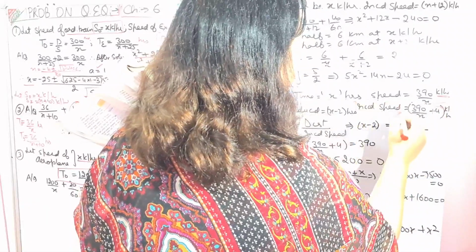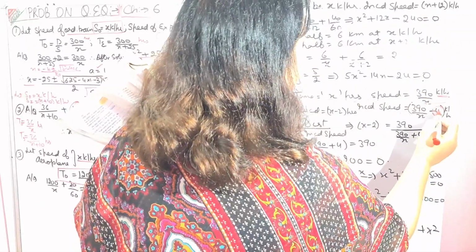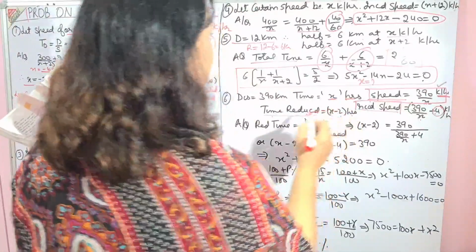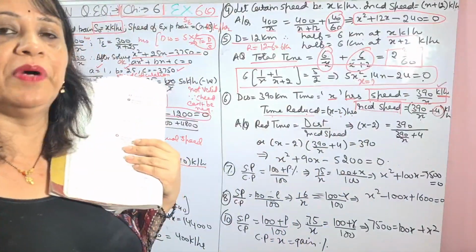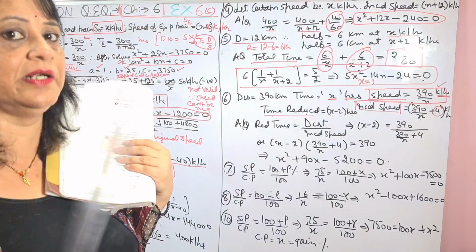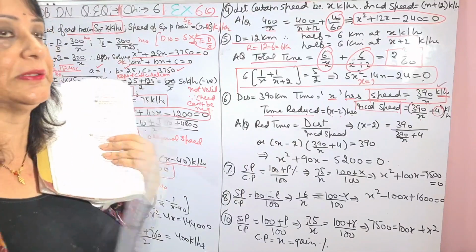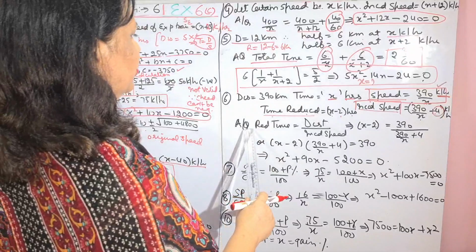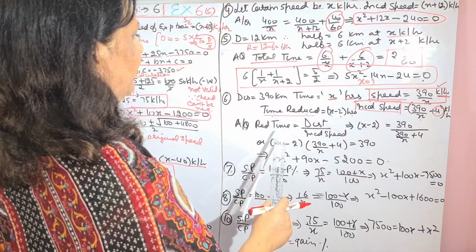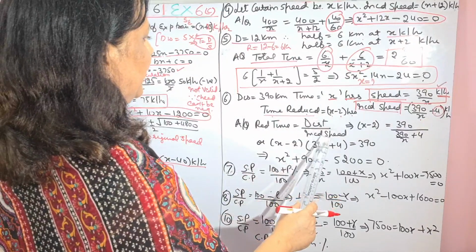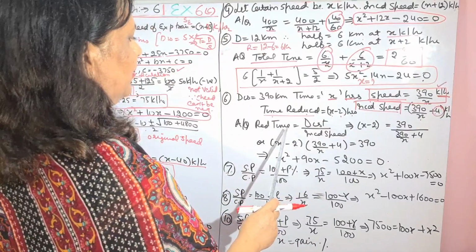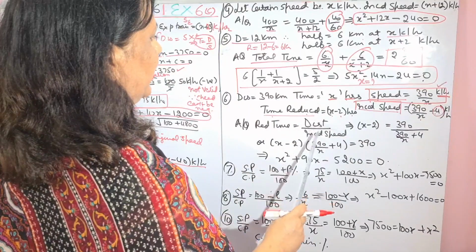4 was increased. See, original speed 390 upon x, so increased speed will be, I will add 4 to 390 upon x, and reduced time will be x minus 2. In this question, children, I am again repeating that x is taken to be time, x hours. Then, according to the question, reduced time, what will be the formula? Time is equal to distance upon speed, so I have written reduced time is equal to distance upon increased speed.